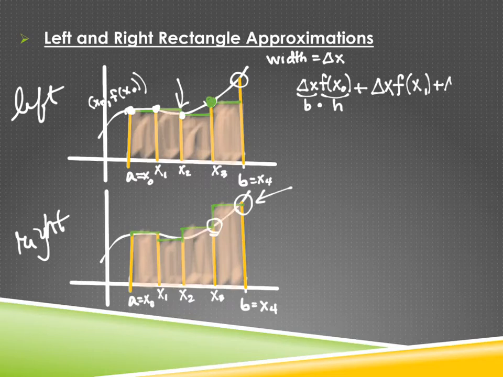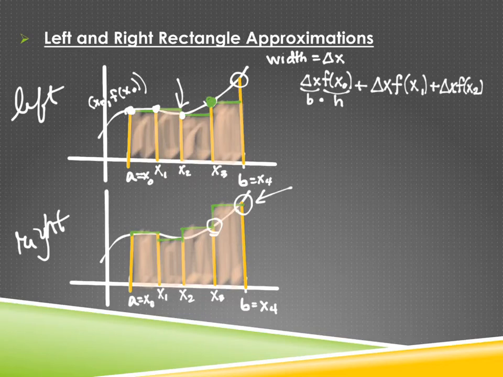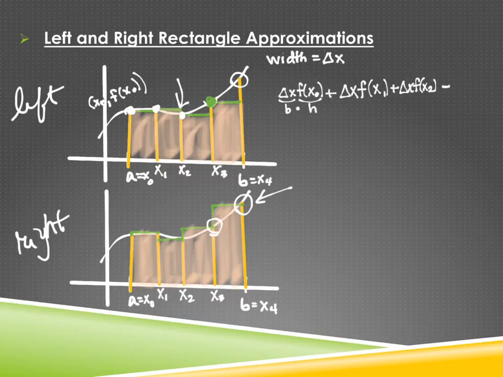The third rectangle is the width, delta x, times the height. What's the height? f of x2. And the last one is the same width again, delta x, times the height, f of x3.